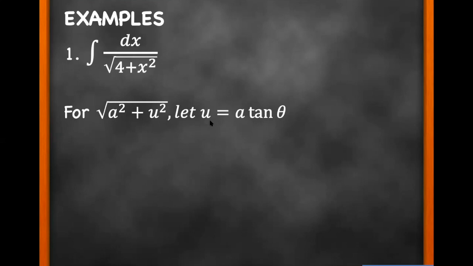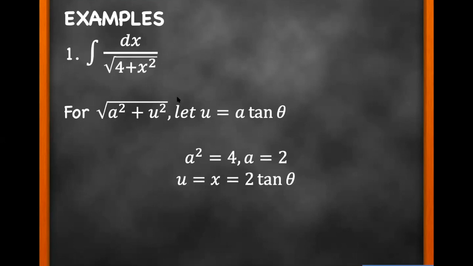So we then use the substitution u equal to a tangent theta. We can clearly see that a squared is equal to 4. So to find a, we get the square root of both sides. We have a equal to 2.